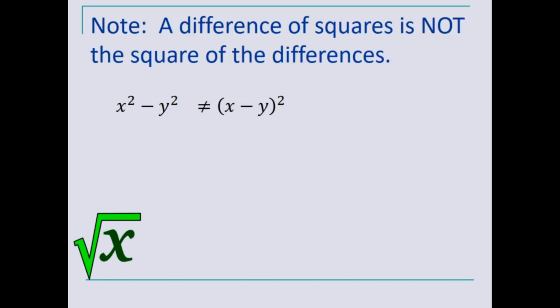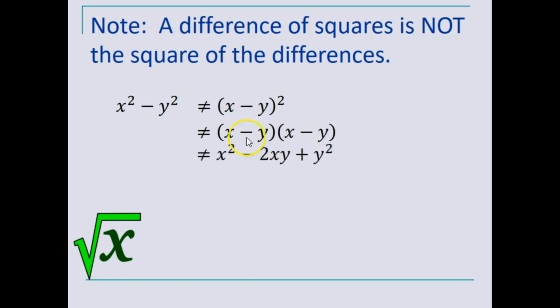A difference of squares is not the square of the difference. Here we have a difference of squares, and we're noting that the square of a difference is not the same. A binomial to the second power means that binomial times itself.